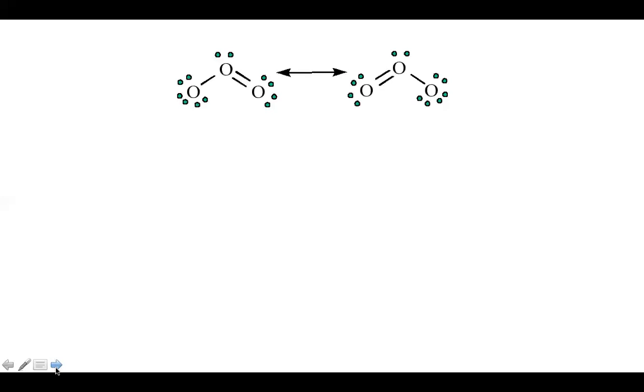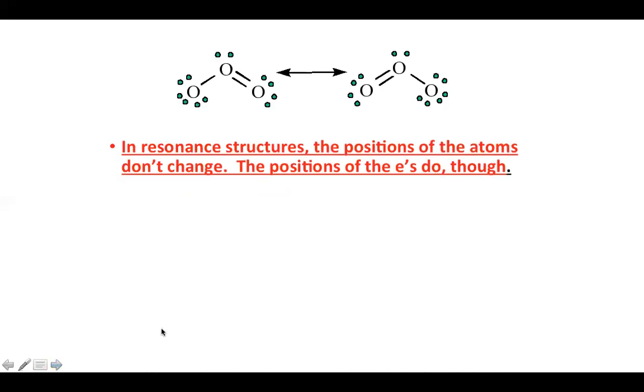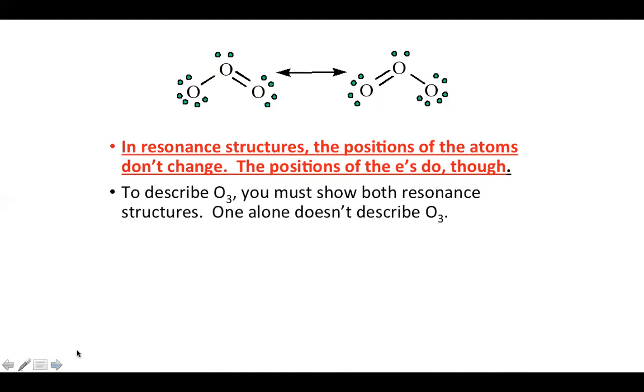Okay, so resonance structures are ones in which the positions of the atoms themselves are not changing. What is changing between them is just the position of the electrons. So if we look at these resonance structures for O3, in the left picture, we have oxygen single bonded to oxygen and then double bonded to the other oxygen.